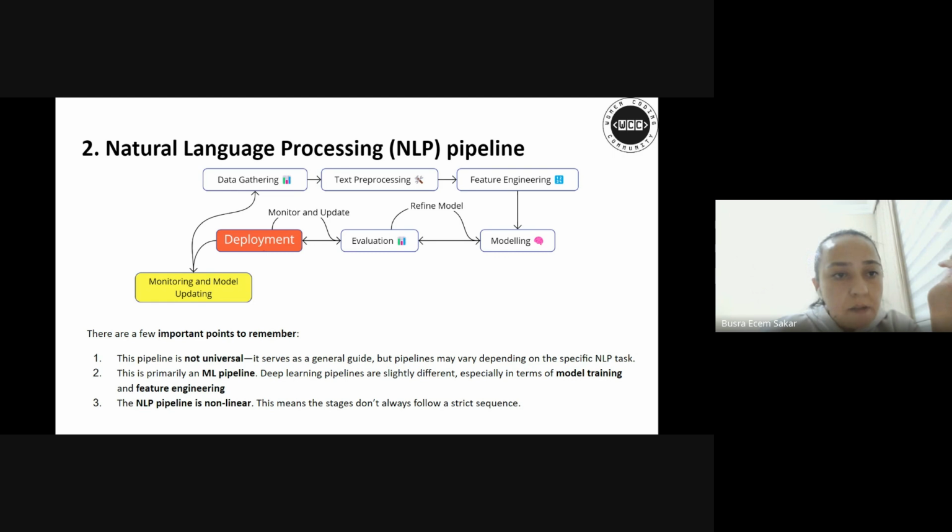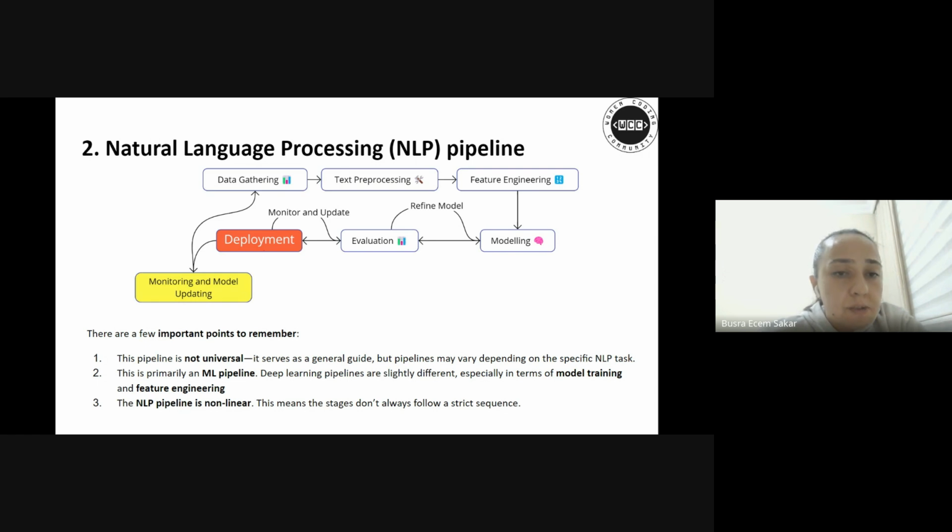Next, we have feature engineering, where we convert this preprocessed text into numerical features. In this step, we can use techniques like TF-IDF, word embeddings, or bag of words to turn the words into numbers, so machine learning models can understand.